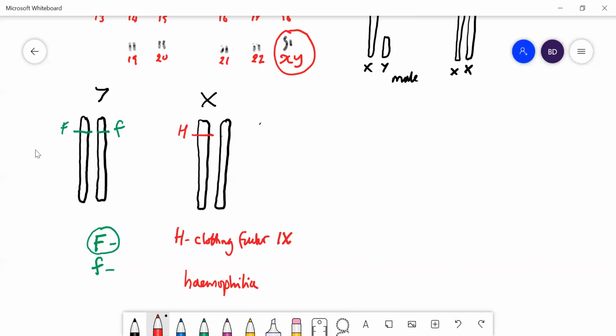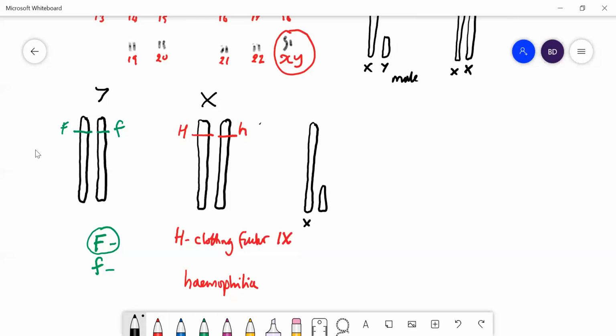So let's have a look here. Now this female has got 1 bad copy of the gene, small h there, but she won't have the disease because she's got 1 good copy, and that is enough to make adequate amounts of clotting factor. Let's think about a male though. Say a male has 1 bad copy of the gene.